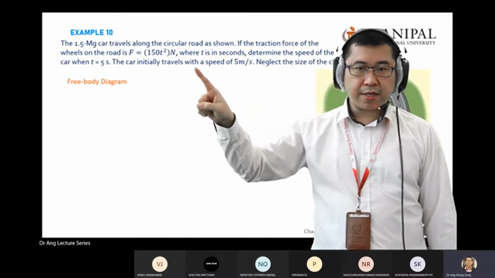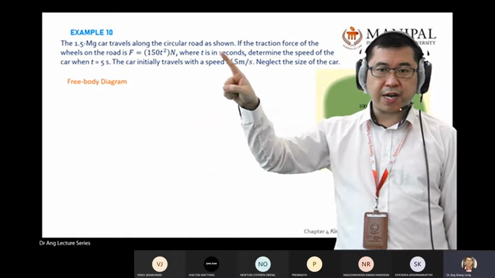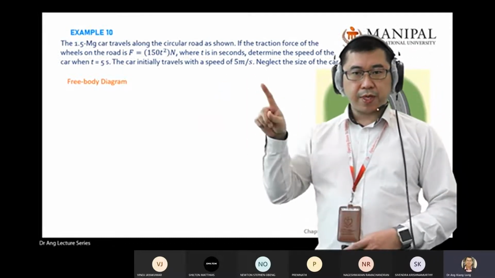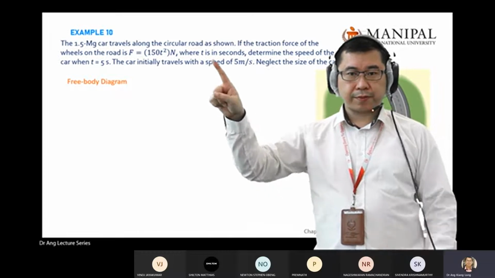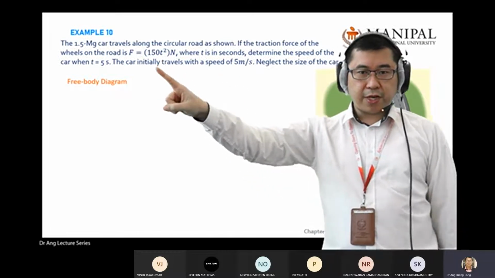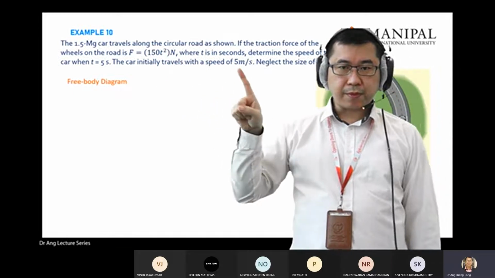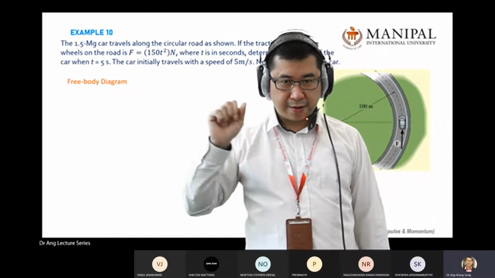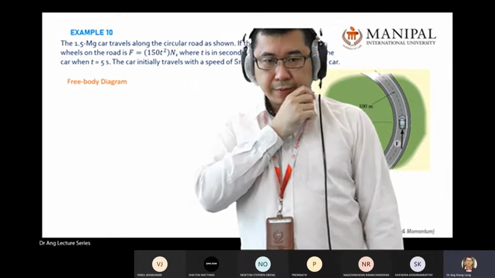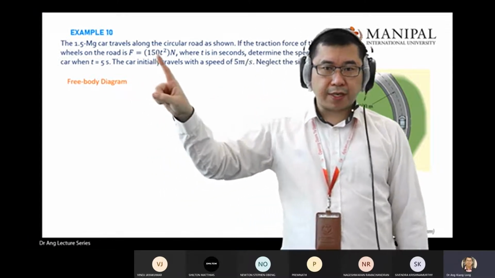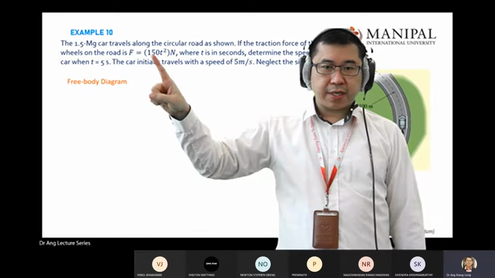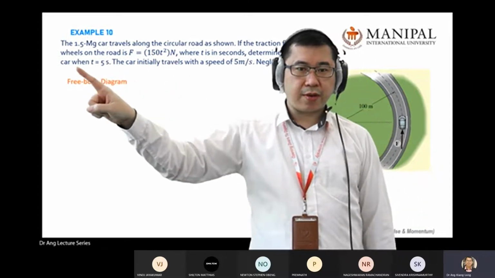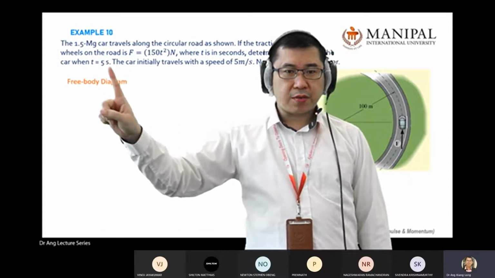The car initially travels with a speed of 5 meters per second. Ignore the size of the car. We need to use this information. You have the velocity before as 5 meters per second. You have the force acting on the car given in a formula, a quadratic equation, 150 t squared Newton, and it asks you to find the scenario at t equals 5.